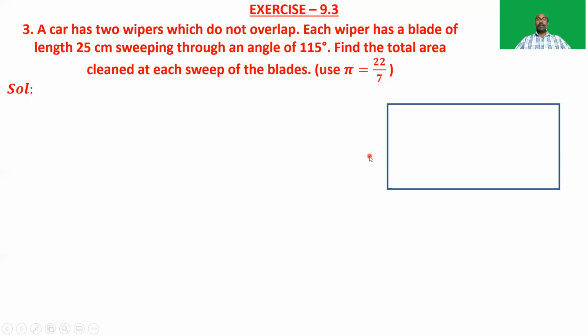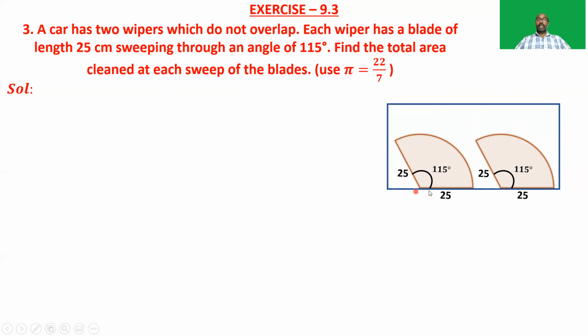So this is the mirror of the car, and these are the areas swept by the wiper blades, and it is given that the length of the wiper blade is 25 centimeters and sector angles are 115 degrees.